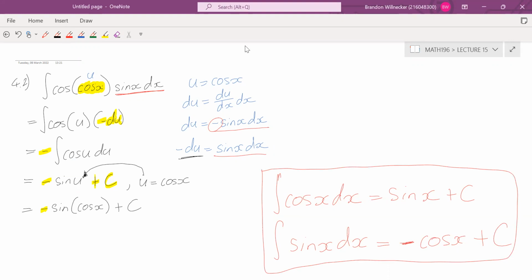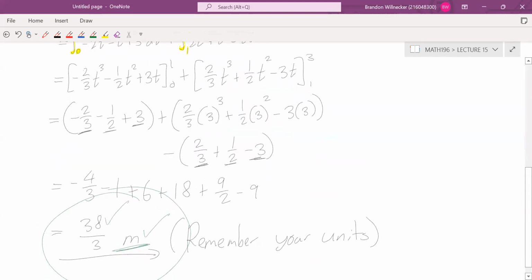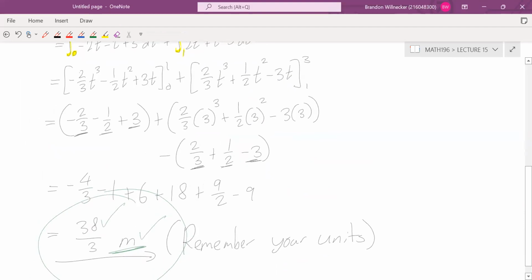Okay, any other questions about this practice test? Sir, your final answer for 5.2 is supposed to be 103/6, not 38/3. Let's just check that.